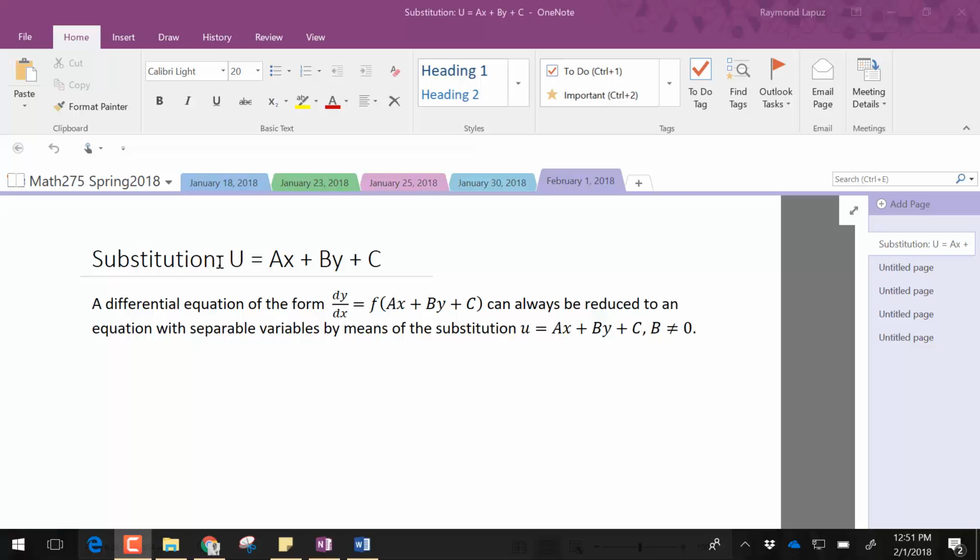Otherwise, if a and b are zero, then it's just a constant. But if a or b is equal to zero, then it's separable. So what we're looking at here is a special case form. Not likely to run into this, but every once in a while we do.